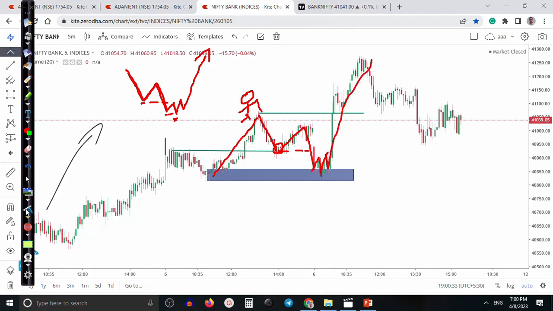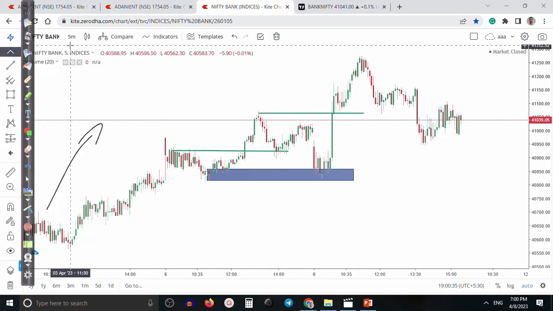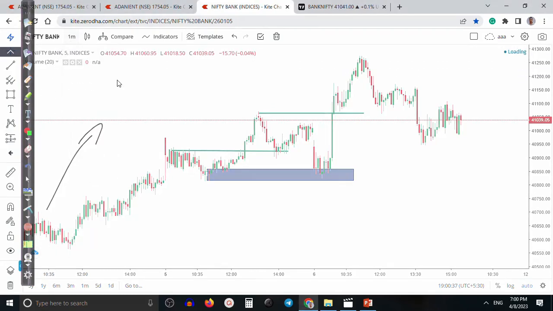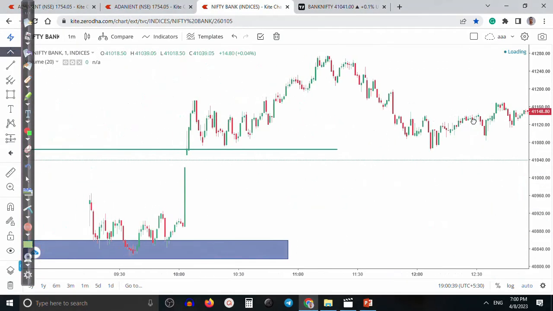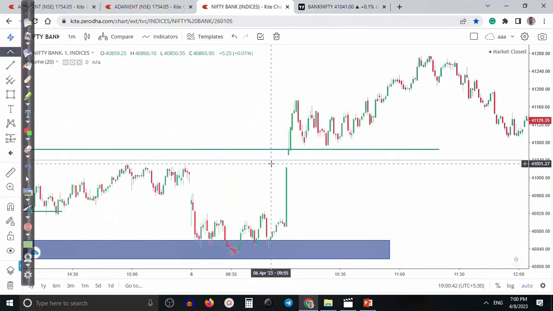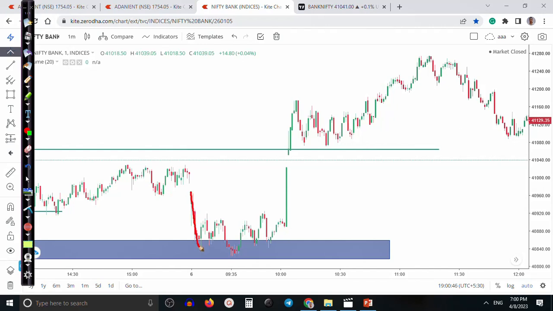Let me show you in a small time frame so we'll understand. In this area, you can see first he runs, takes a rest, again tries to run but fails, again takes a rest, almost 90%.